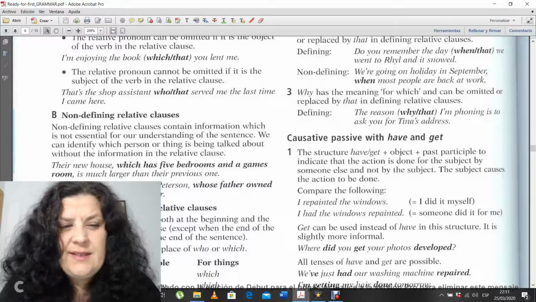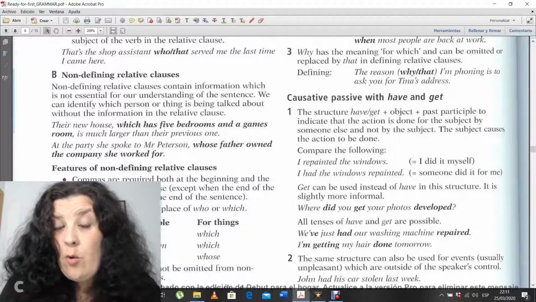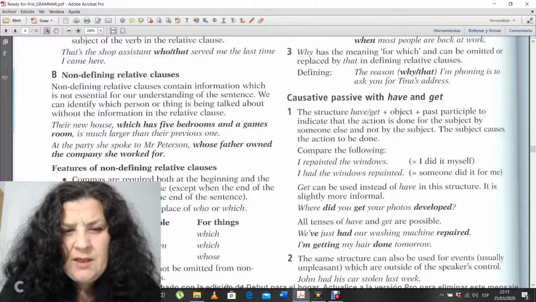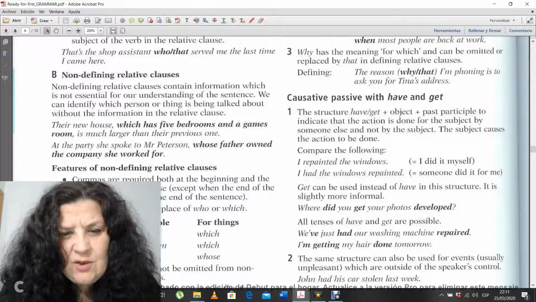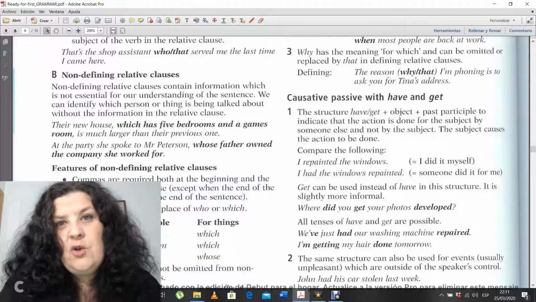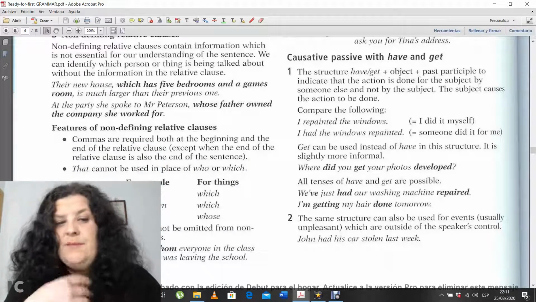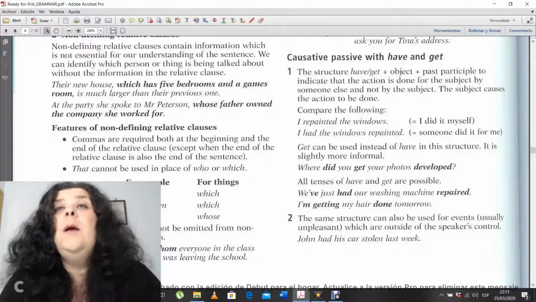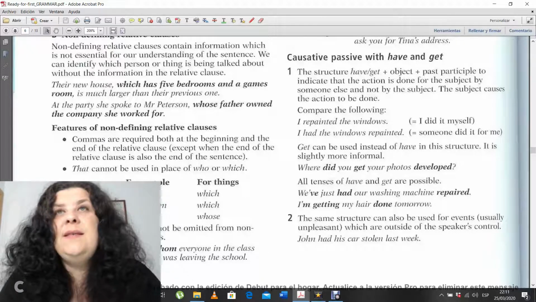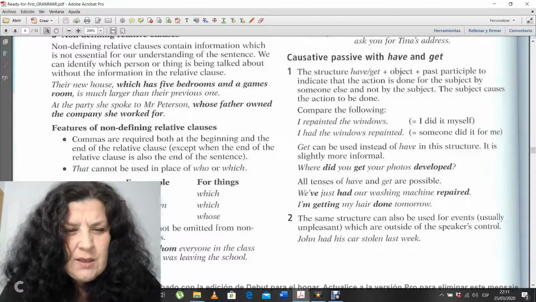So exactly the same. The features for these ones are: commas are required both at the beginning and the end of the clause, except when the end of the relative clause is also the end of the sentence. So obviously you will have a full stop, right? The subject is who for people, just human beings, and for the rest of the things, animals and ideas it is which.